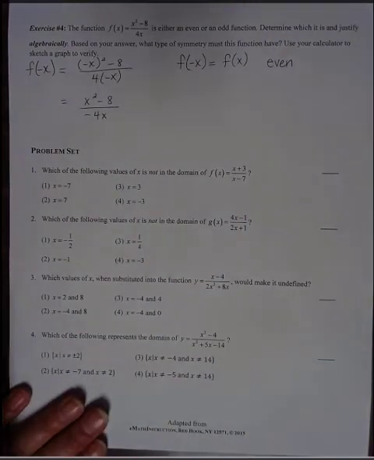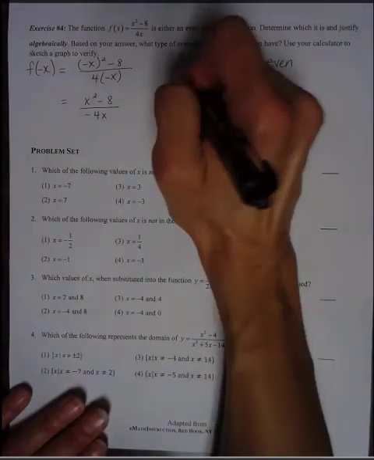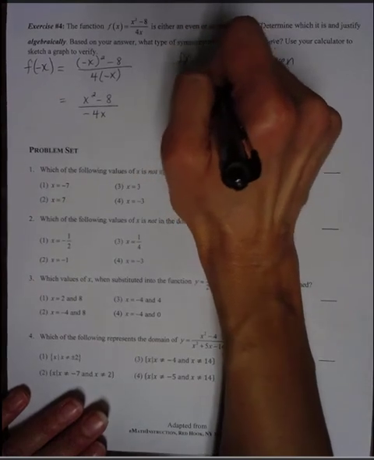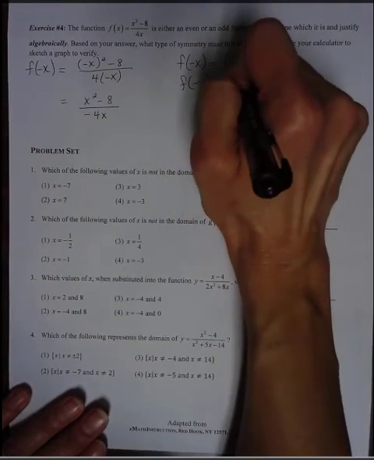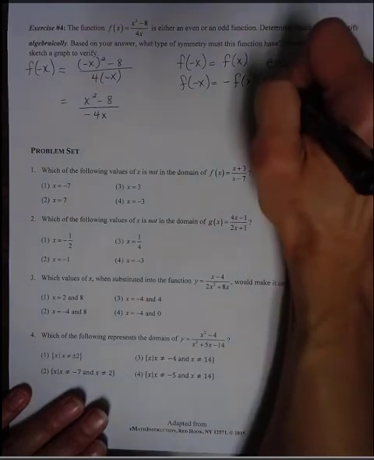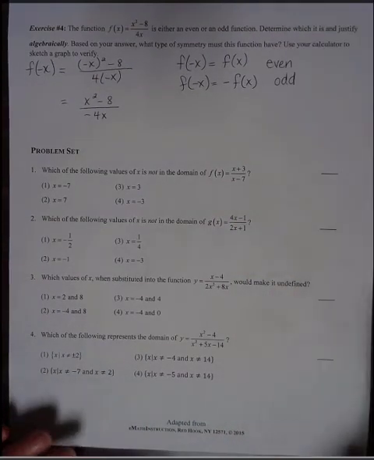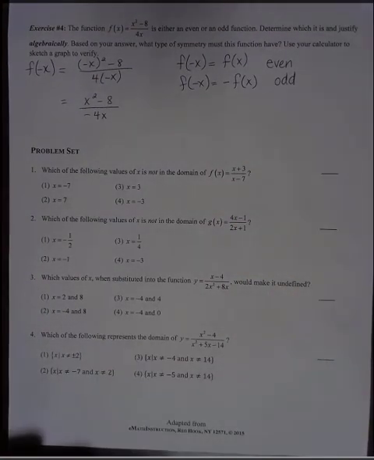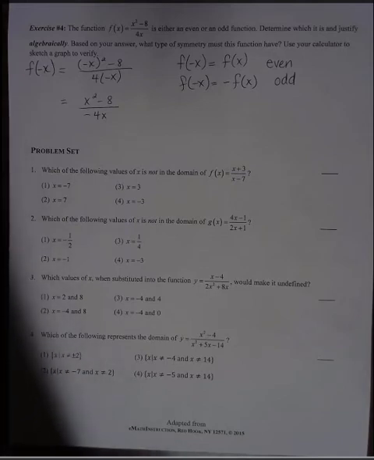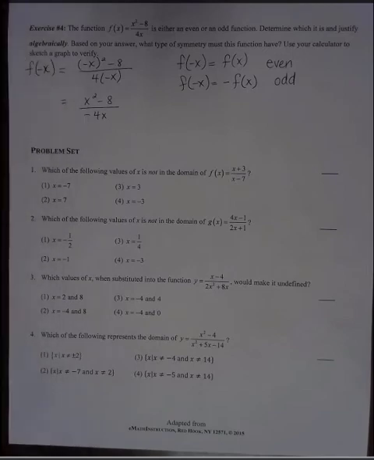If f of -x is equal to negative of the function, then we have an odd function. Okay, so I'd like you to just take a moment to consider those two and decide, what do you think? Do you think this is even based on what we have? Do you think that this is odd?